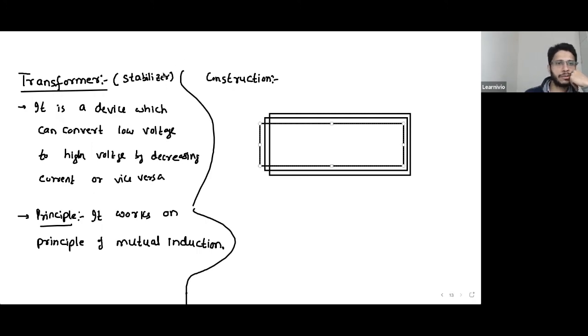And this core is basically of soft iron. So this is a soft iron core. At one end of the core, you have some turns of wire, and this is connected to an AC supply. Basically, this is the end of the stabilizer which is connected to the power supply.